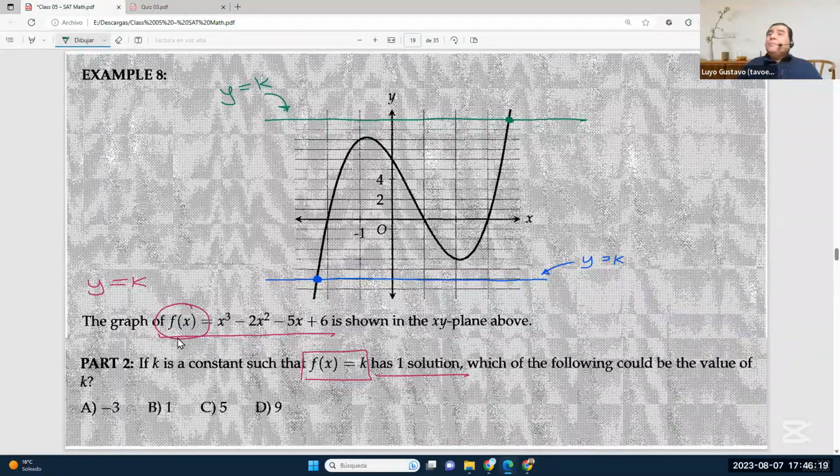This will be the crossing point between these two lines. I will find the value of x for this intersection point by solving this equation, f of x equals k. So, since they give you 4 alternatives, which of the 4 alternatives looks like the green or the blue line, would you say?